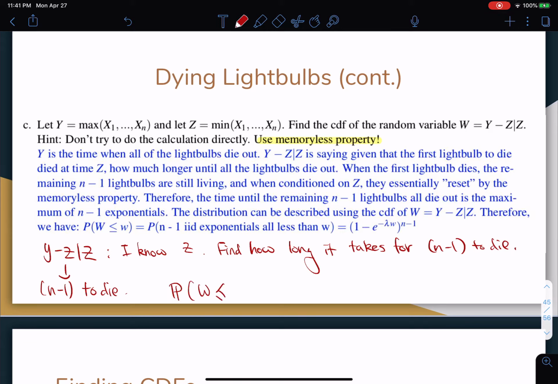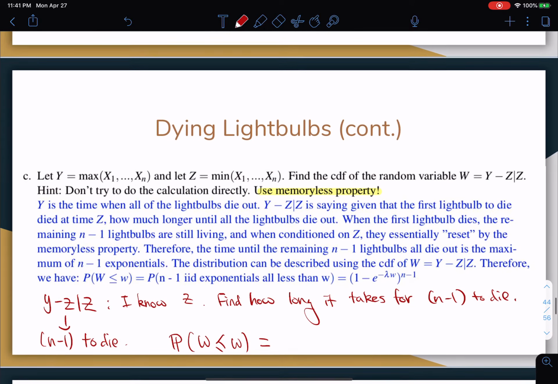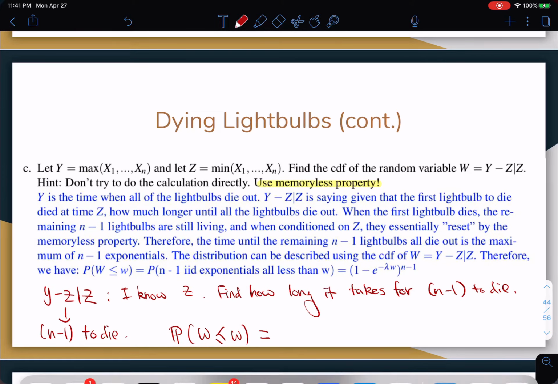And again, we did this calculation before. This is again going to be the probability that the minimum of n-1 exponentials, say xi, is less than or equal to w.